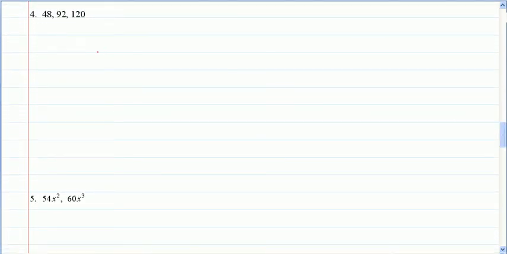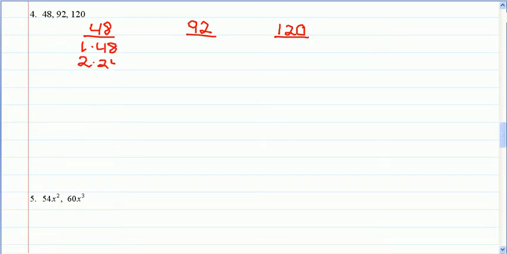Now when you have three numbers, the process is the same, we just have to make three lists. So of course, the larger the number, often the list is longer, but not always. So we always start with 1 and the number itself, and then since 48 is even, we go right to 2, and then 48 divided by 3 is 16. 4 times 12 is 48.